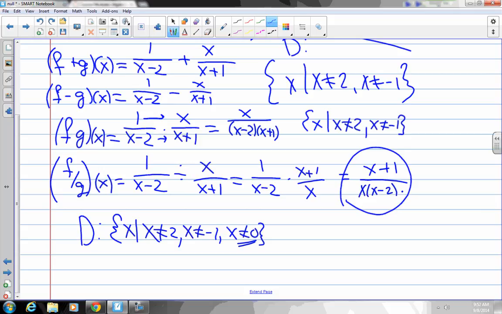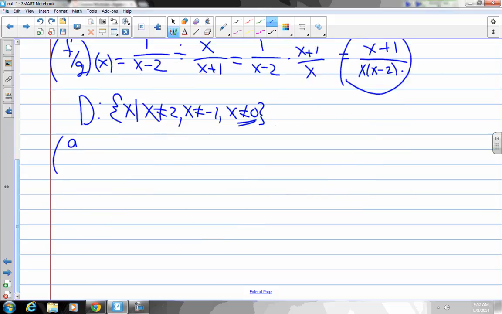Yay. All right, well, what if I flip it? What if I do g over f of x? So that's x over x plus 1 divided by 1 over x minus 2, right?